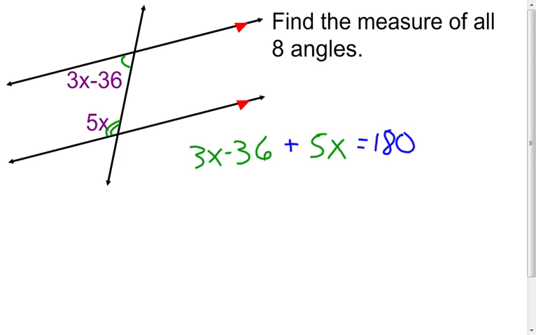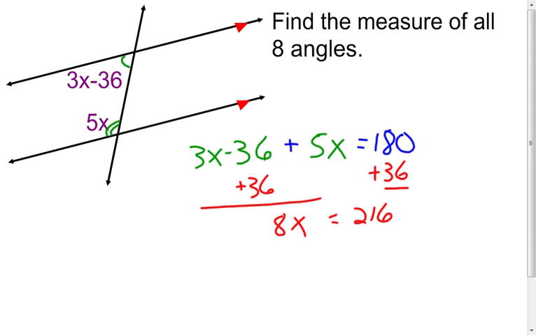Well, again, I have an equation to solve, so to start I'm going to add 36 to both sides to get rid of the constant on the left side, and that leaves me with 8x equal to 216. I'll divide both sides by 8, and I find out that x equals 27. Now I can take that and plug it into my two expressions for each angle.